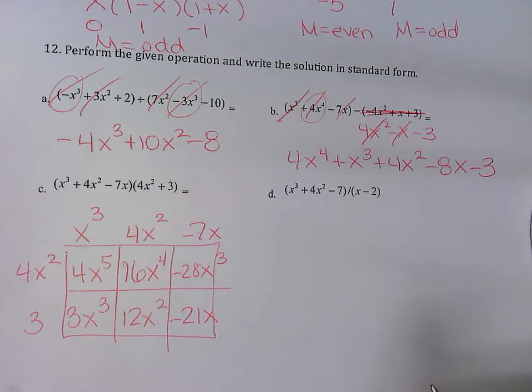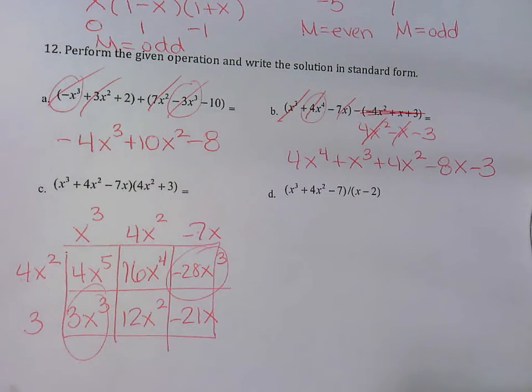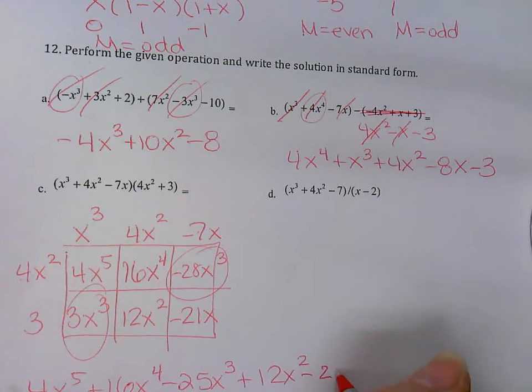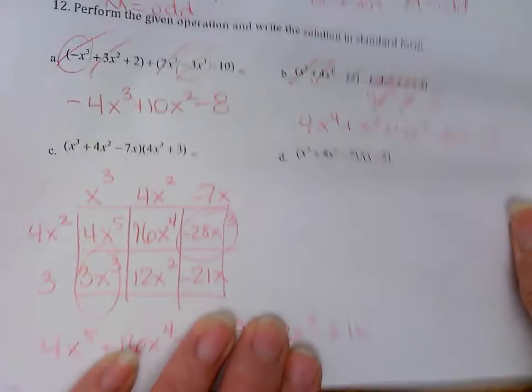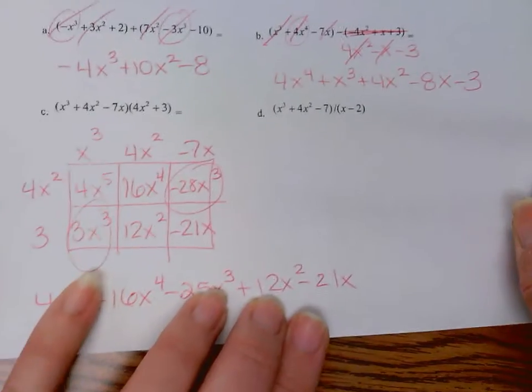So my final step is look for any like terms. It looks like I only have one set of like terms. So 4x to the fifth plus 16x to the fourth minus 25x cubed plus 12x squared minus 21x is your final answer. And the last one before you have to do your guided practice is to do some division.